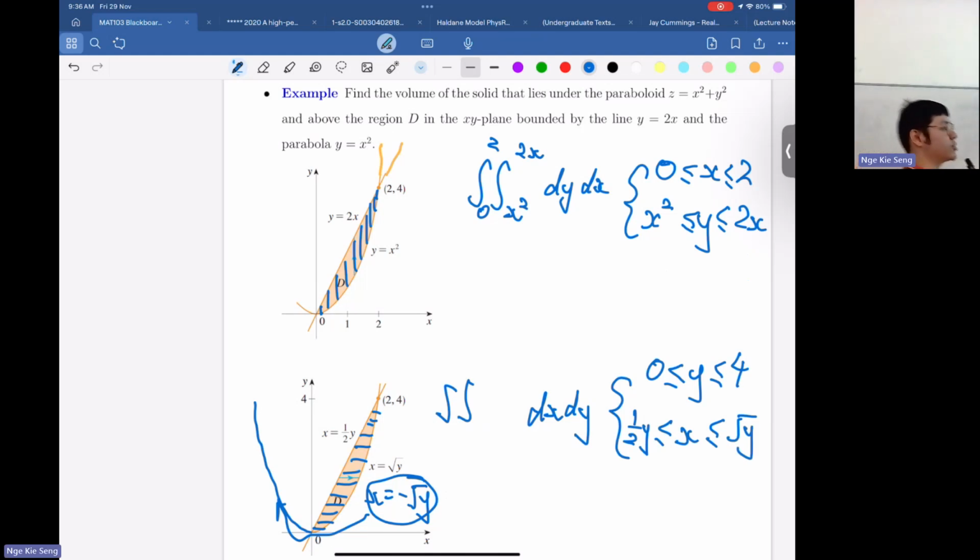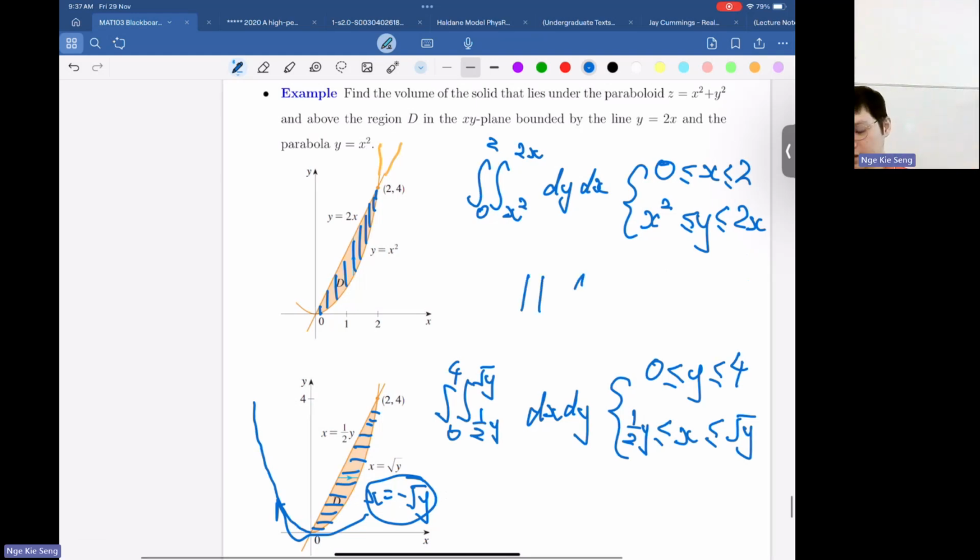You should go back and try these two iterated integrals and check that they compute to the same number. Go and convince yourself. You integrate the same function but change the integration order, and it still computes to the same answer. So Fubini's theorem is quite strong.